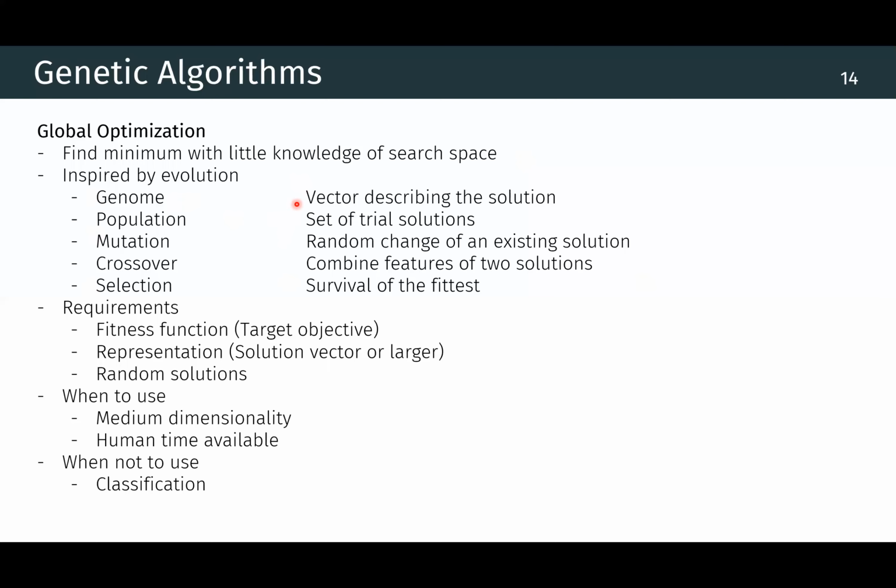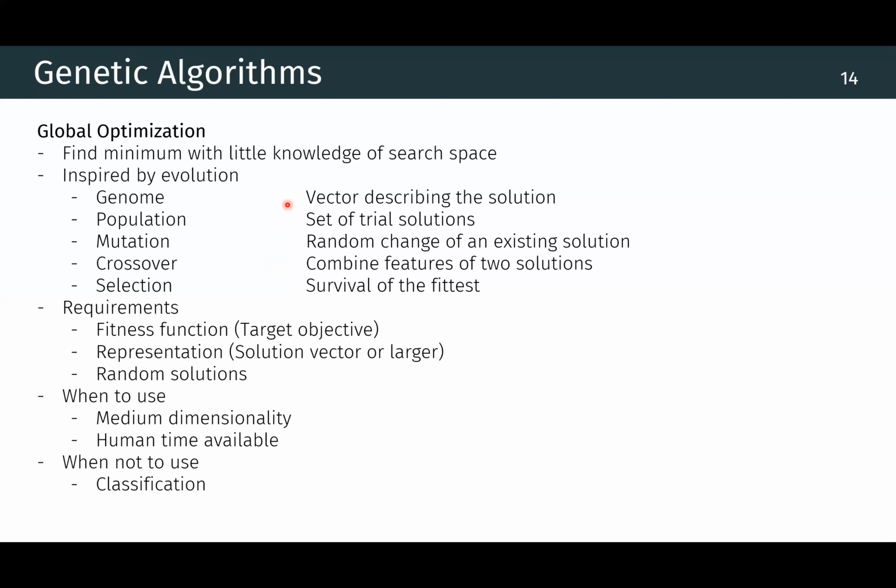So the idea is you come up with some random solutions, and then you try to combine solutions which are good and then generate more random solutions close to those that have been proven to be good, whereas you discard all those which so far were not a good solution to your target function.